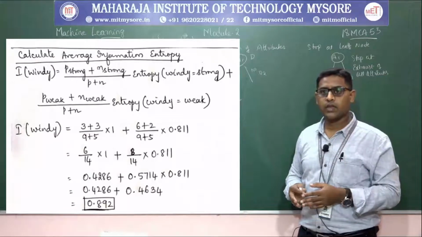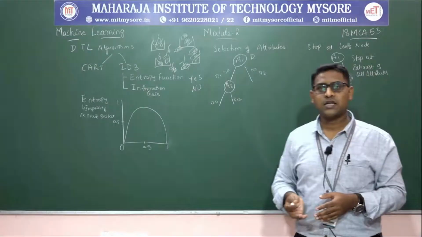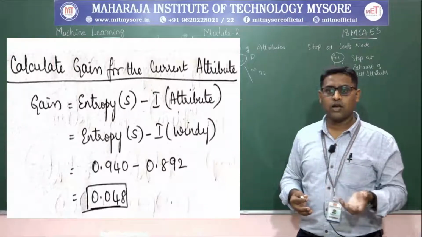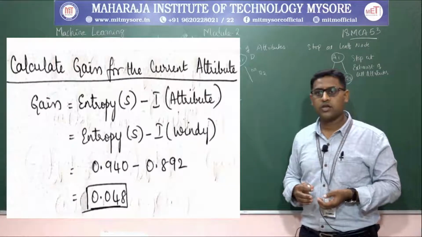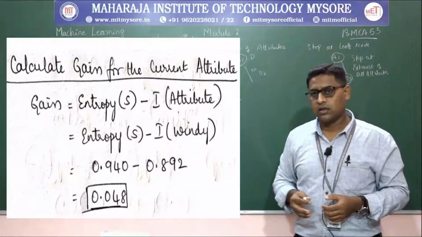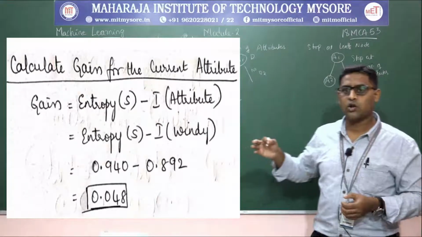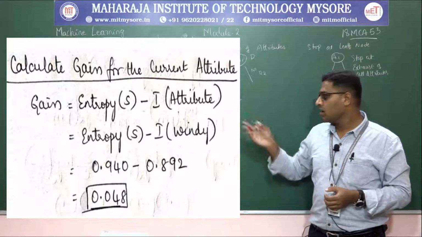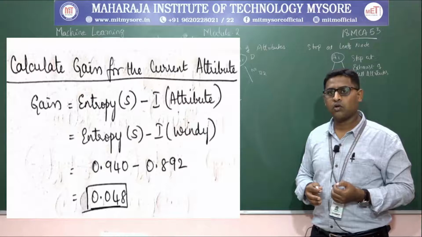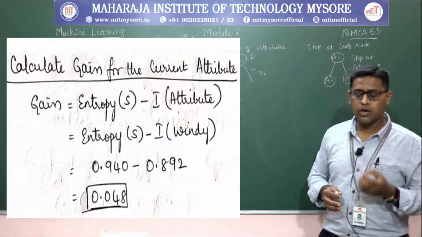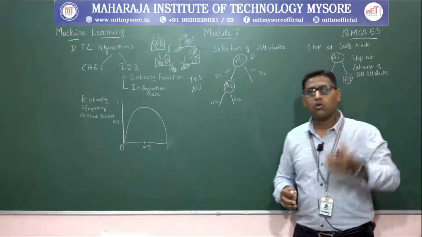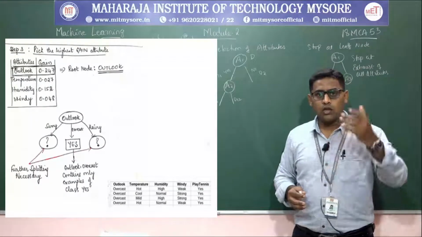The last step is to calculate the gain for the current attribute, which is windy. The same formula is applied: entropy 0.940 minus 0.892 results in the gain value of 0.048 for windy.